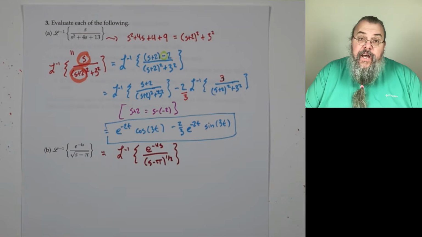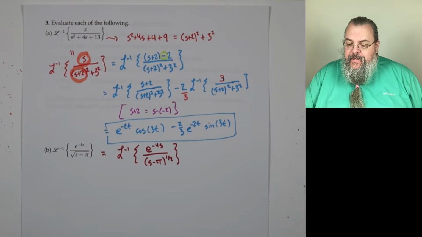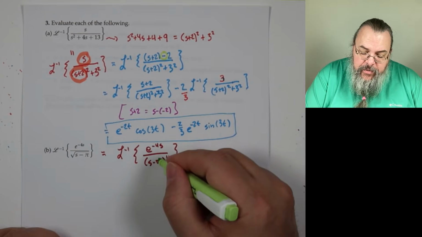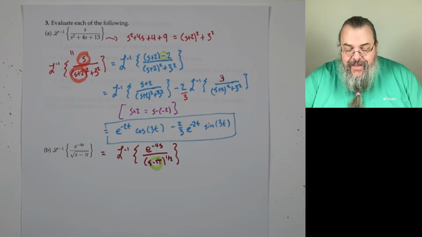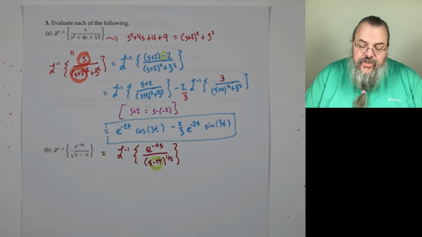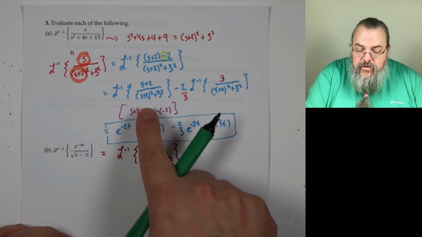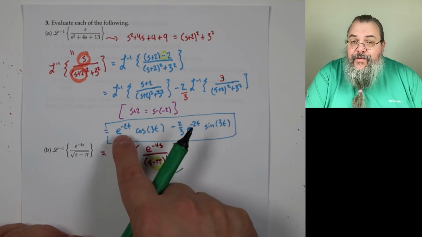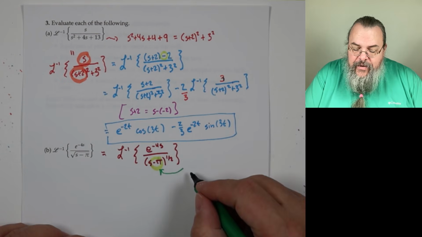Now, we have to understand what roles things play. So this s minus pi, what is this minus pi signaling? Well, the minus pi is signaling that this is a shift, and just notice how this s minus minus 2 let us do an e to the minus 2t. So s minus pi is going to do what?